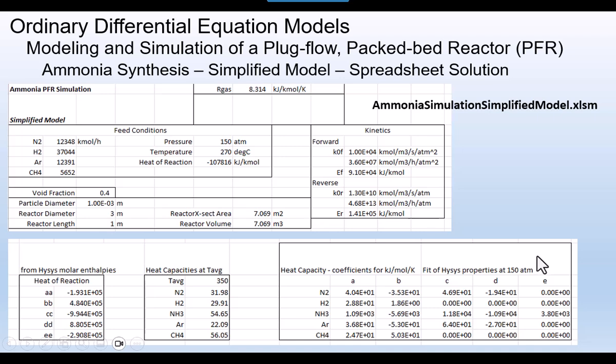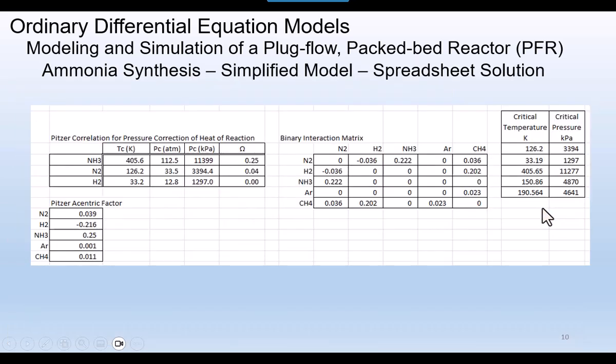It could also have been Aspen Plus or the Aspen Properties package, and then fitting polynomials to those statistically and coming up with these coefficients. We've got heat capacities, molar enthalpies, again taken from HYSYS properties, and we have our kinetics.